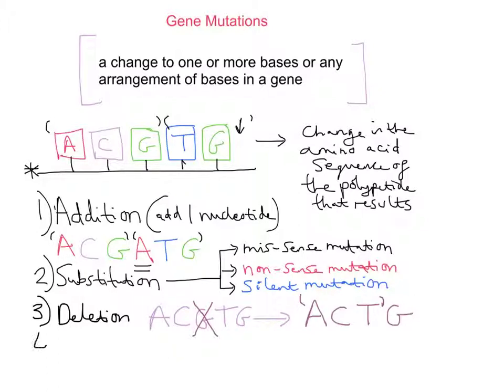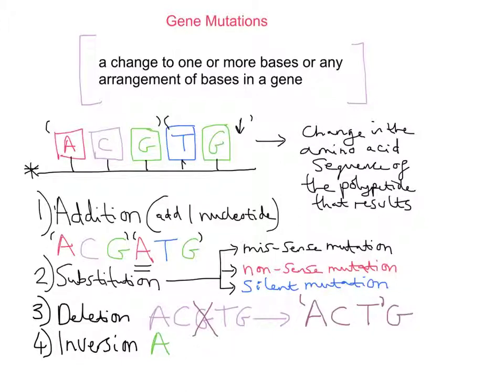We could have something called an inversion mutation. Now when we have an inversion mutation, that's when the sequence literally is inverted. So again, we'll go back. We'll use just a different colour this time.